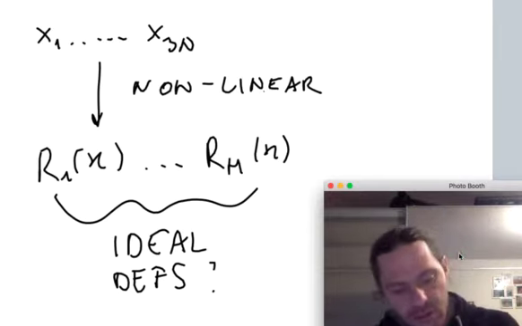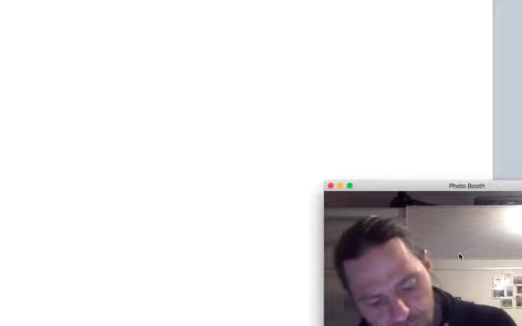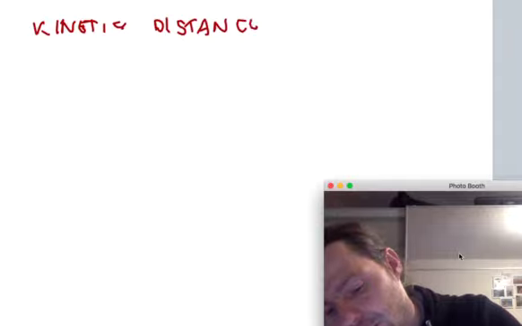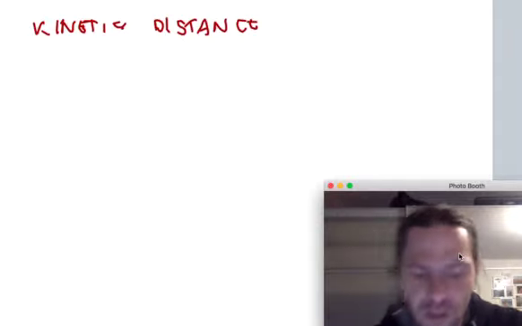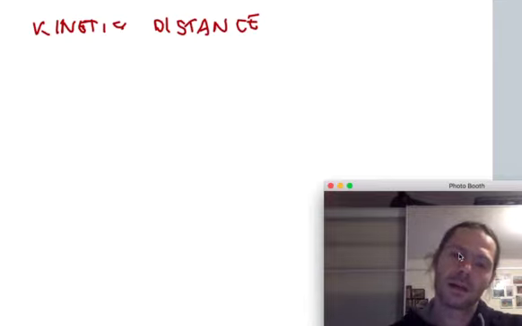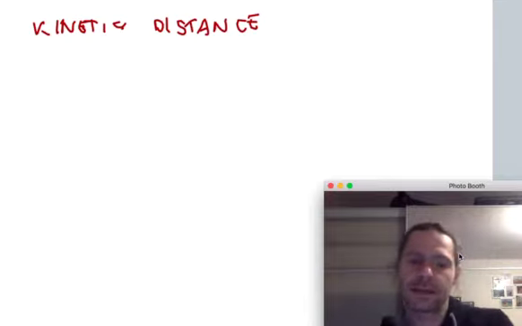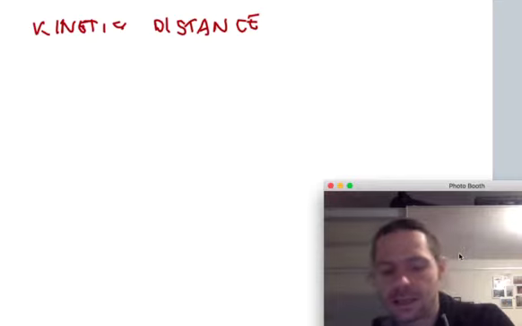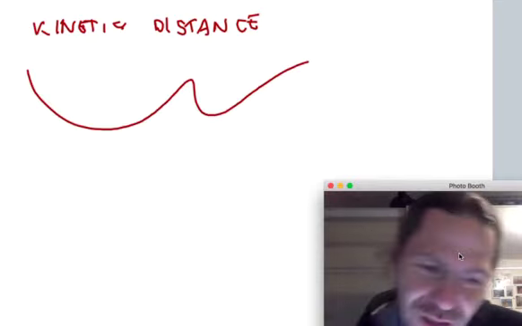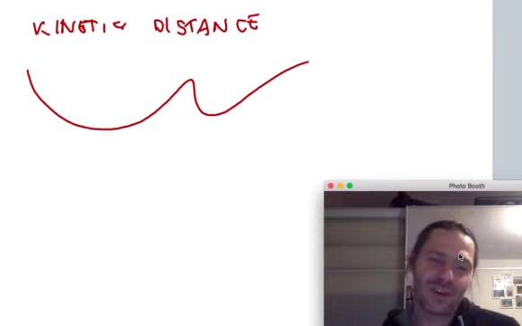And in order to do that, I'd like to introduce a new concept, that is the concept of kinetic distance. Now, to illustrate the concept of kinetic distance, it is something that tells us when two configurations belong to the same state or not.